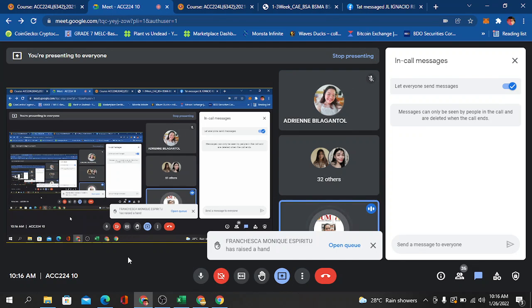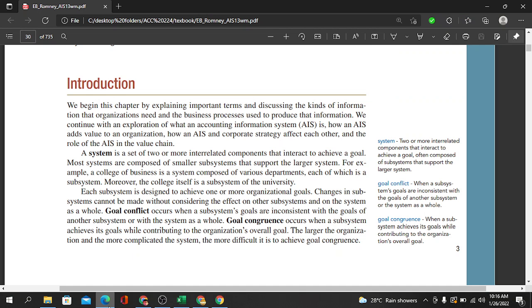You want to add Espiritu, Francesca? Yes, ma'am. I want to add that AIS is designed to ensure the accuracy of the information coming through the company and establish good administration for the organization, where the data inputs will have helpful information for the users in internal and external parties who need access to the organization's operation po. Okay, very good. In other words, it helps the organization achieve the goal, no?